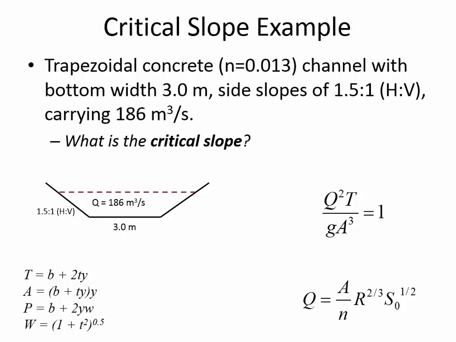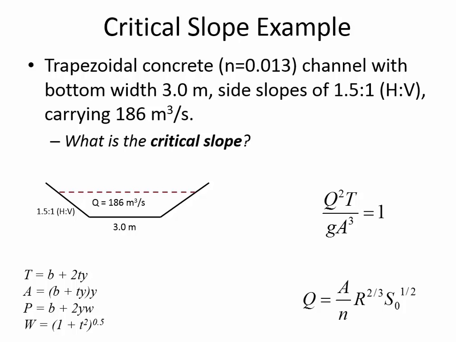Okay, so if we have this, then we're going to have Q squared times T divided by g A cubed is equal to 1. So if we put in what we know, this is going to be 186 squared times T. Now, we only know T in terms of the bottom width, which is given, and the side slope, which we do know, but we don't know y.